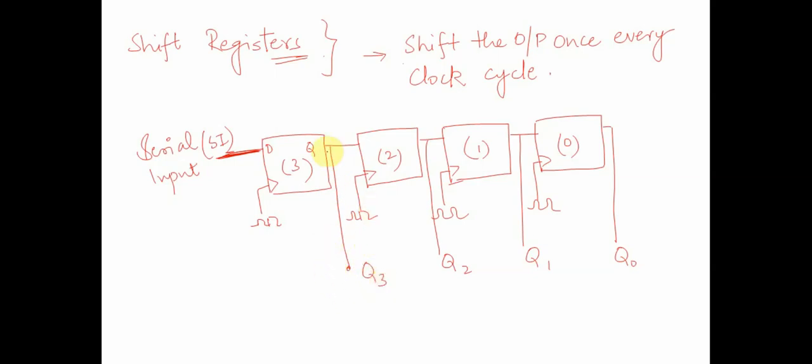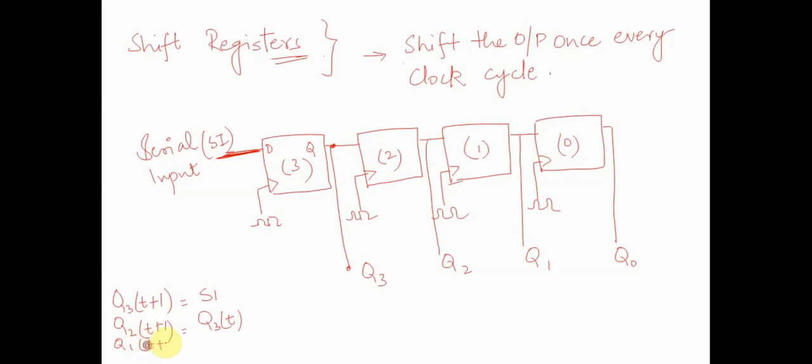Now what will happen in this particular case? Q3 at time t plus 1, at a clock edge, will be equal to SI. Q2 at t plus 1 would be equal to the value of Q3 at time t.